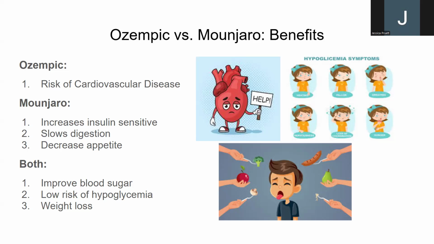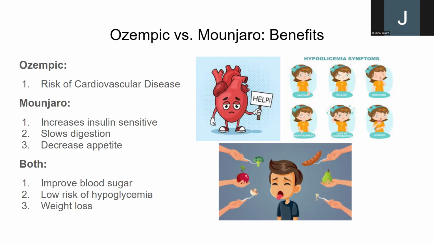There is a lower risk of having really low blood sugar levels. However, it is important to note that this is only when taken individually, not with any other form of medication, because then that risk factor does change. Another benefit that a lot of people think as a benefit, but truly is a side effect, is weight loss.